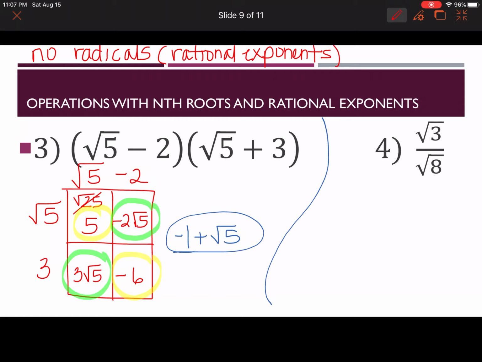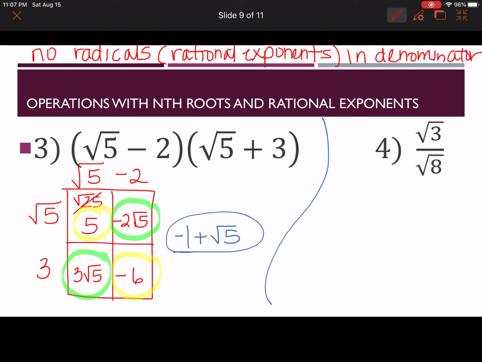Okay, so we have to do something about it. The denominator is kind of picky. There's a lot of things that we can't put down there. Can't put imaginaries down there. We can't put radicals down there. So we have to get rid of it.